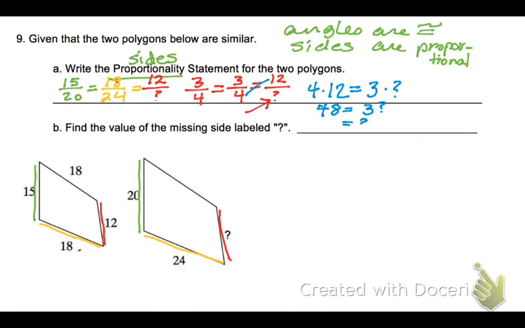The question mark is equal to 48 divided by 3, which is 16. So you would write 12 over 16. This says find the value of the missing side labeled, and all you do is you write 16 and you're done.